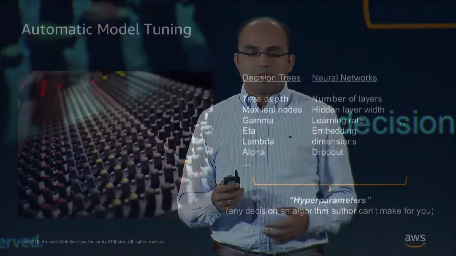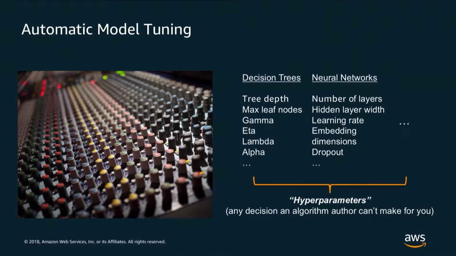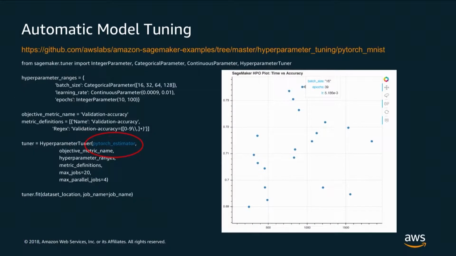I think we always spend a lot of time trying to find what's that optimal model that we want to deploy in production. And SageMaker makes that easy by allowing you to do automatic model tuning. Now, I can specify whatever the hyperparameters are for my code.